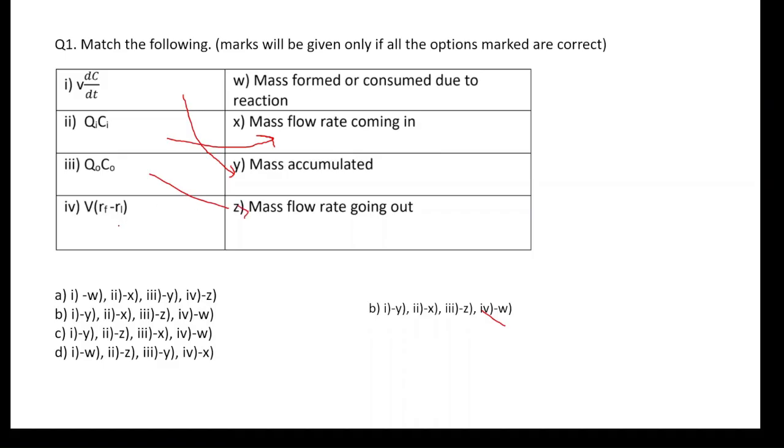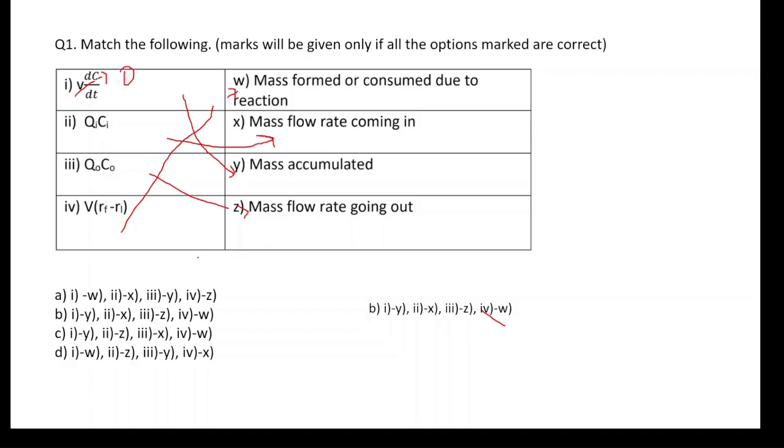And this V(rf minus rL) is mass formed or consumed. So for any kind of reactor this is applicable. And when we say reactor is in steady state, then this will become zero. Simple.